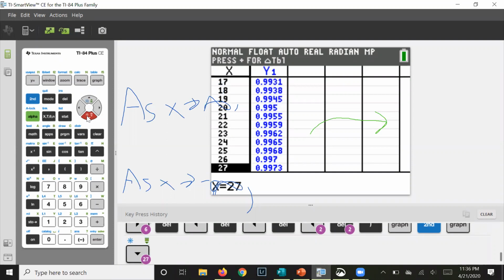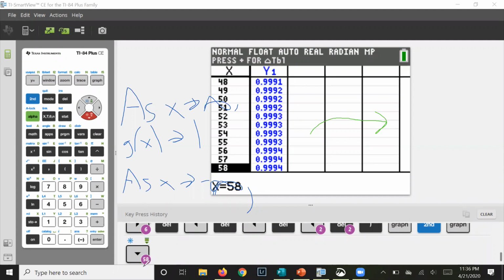And it looks like we're getting like 0.998, 0.999, things along those lines. So what do you suppose that the outputs are approaching there? Right, it looks like they're getting closer and closer to 1, right? So as x goes towards positive infinity, it looks like our outputs, which our function is called g of x, the g of x values are getting closer and closer to 1.